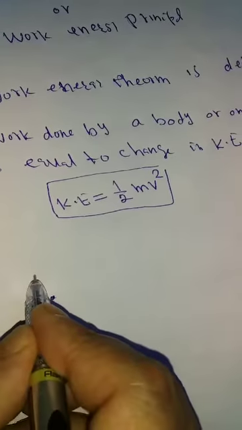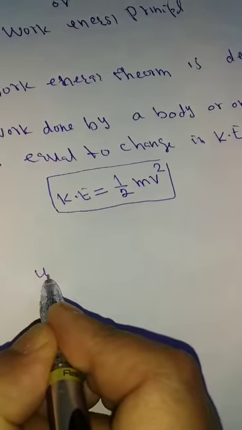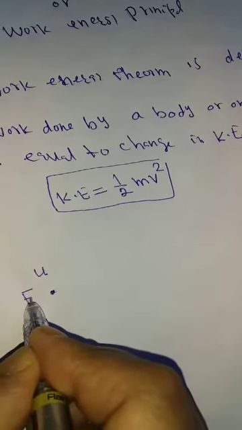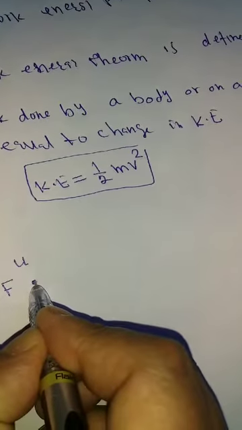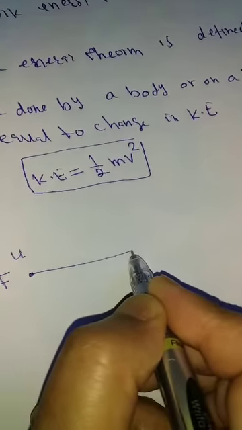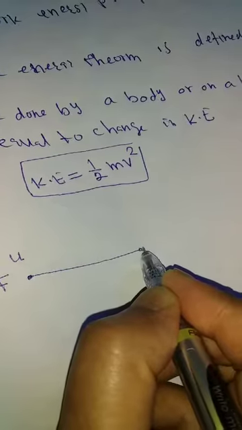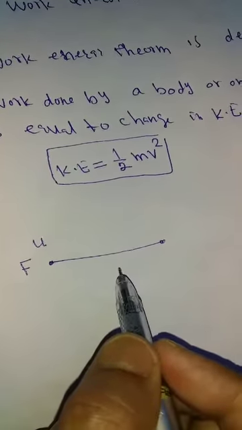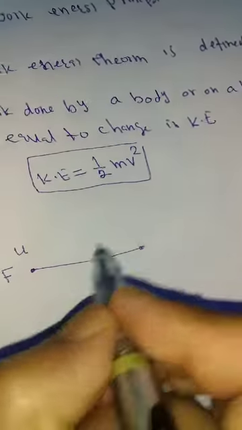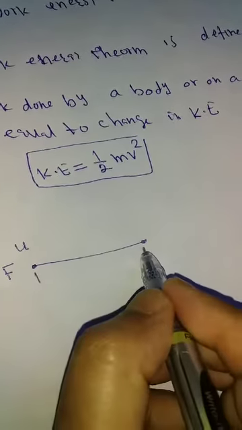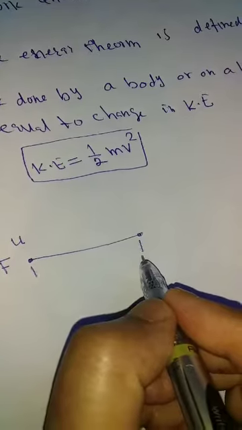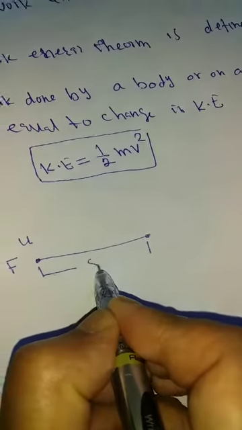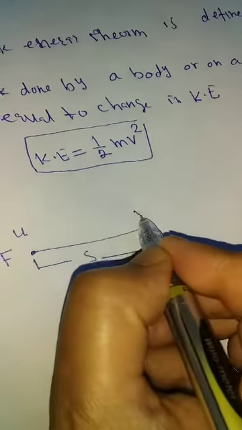Its initial velocity is u. When we apply force F on the body, its velocity will increase in the same direction. Suppose after some time t, it covers a distance s, and its final velocity becomes v.